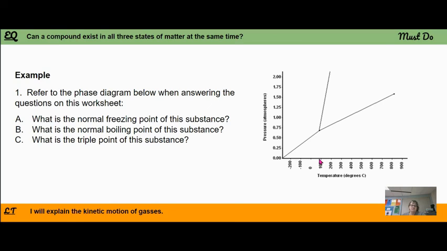I'm going to say 90. I'm estimating. So you could have said 100 and that probably would have been fine. But it's just below 100. So I could say it's somewhere between 75 and 100. So I'm going to pick 90. So this is very similar to what you're going to do on your practice.